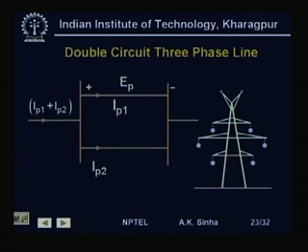So, we have IA1, IB1, IC1 of the circuit 1 and IA2, IB2, IC2 for the circuit 2. Now, the current flowing here will be IP1 plus IP2, which gets divided into IP1, IP2, and maybe it is getting connected on this side. This is the system that we are showing.